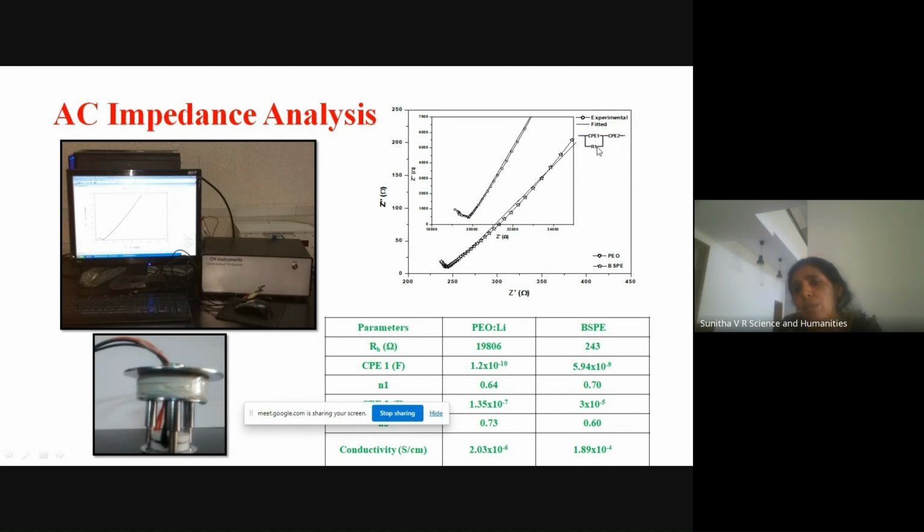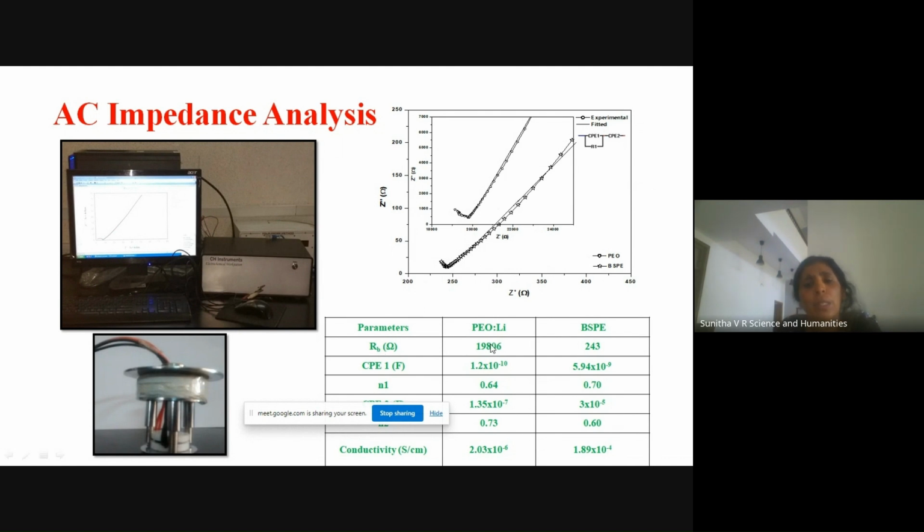So what we can see is there is a constant phase element which is in series with the resistance. That is for the bulk property or the bulk resistance. And then you have another element in series with this, CPE2, which is called a constant phase element. Basically, it is a deviation from the ideal capacitance. We can see the values here.